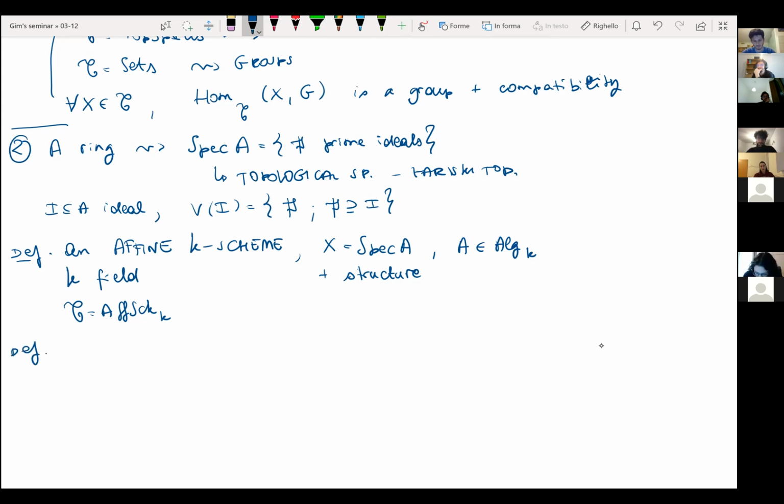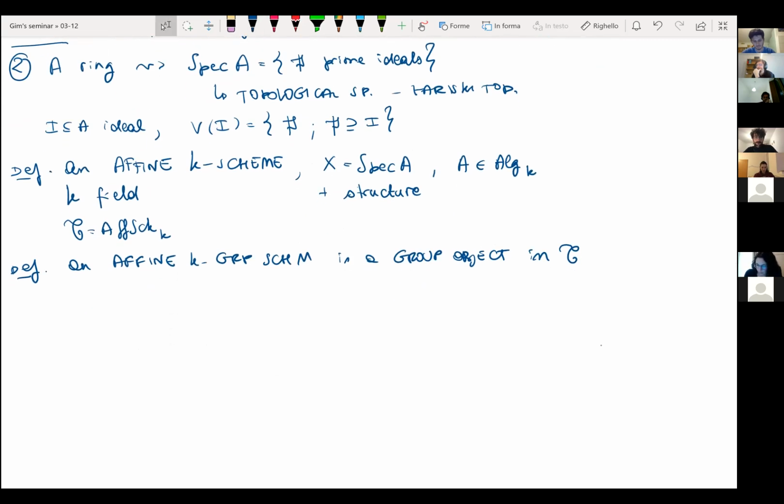By definition, an affine K-group scheme is a group object in the category of affine K-schemes. So an affine K-group scheme is an object G, which is the spectrum of a K-algebra with the structure of a group.